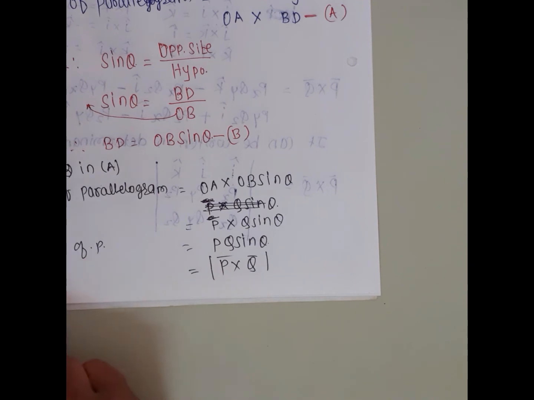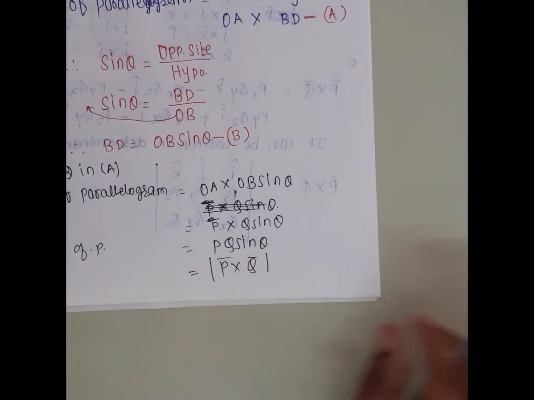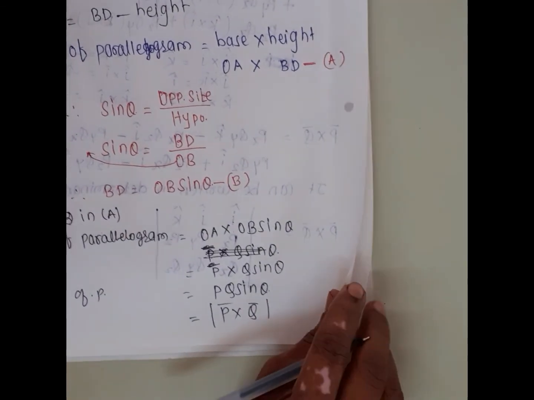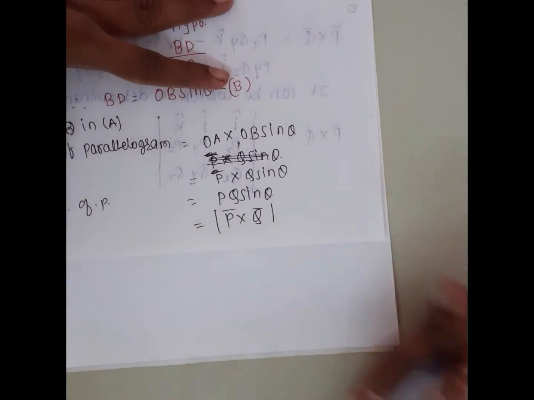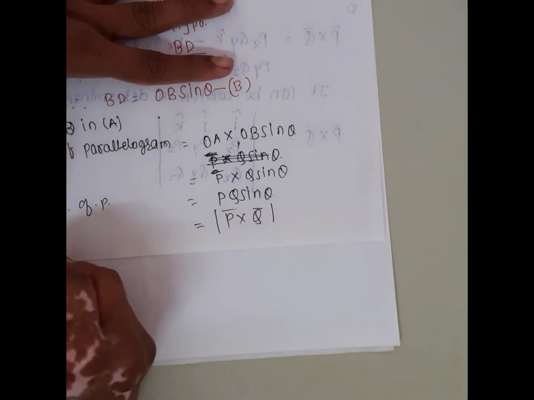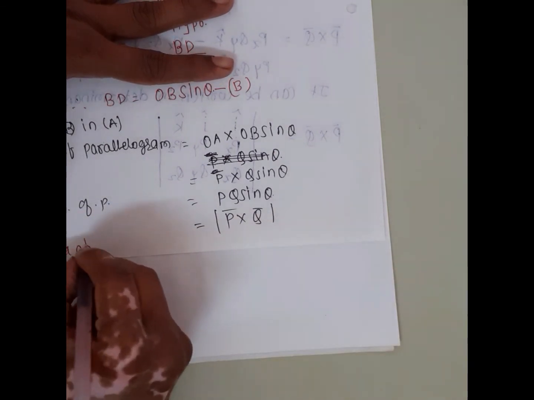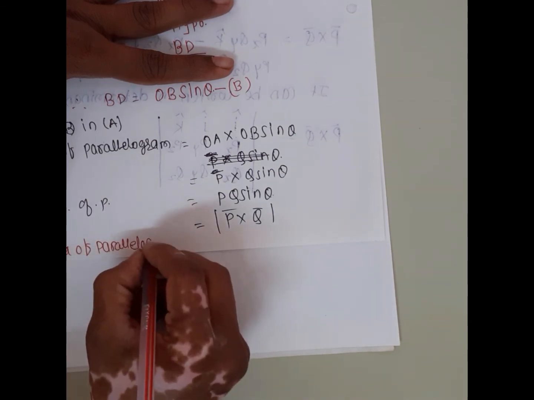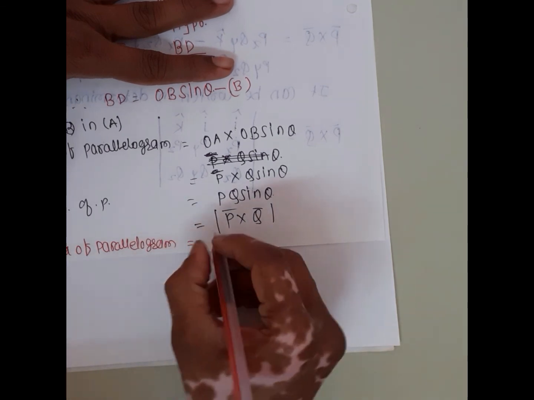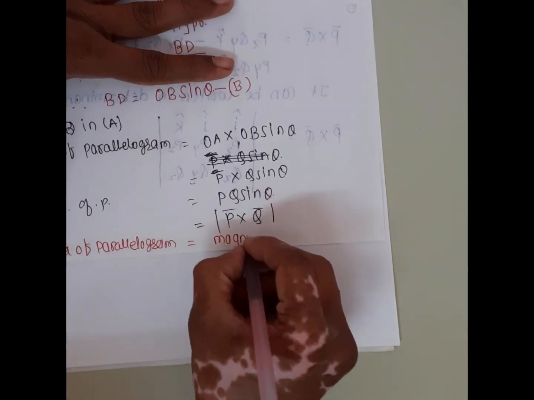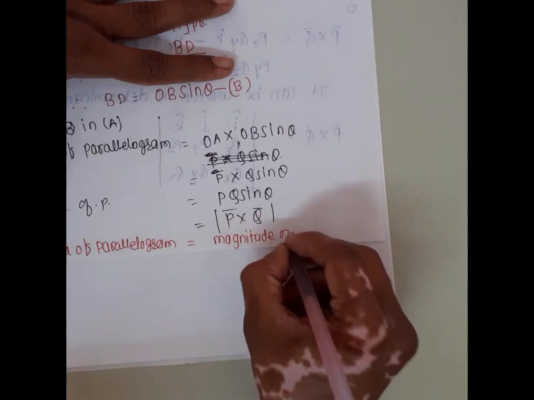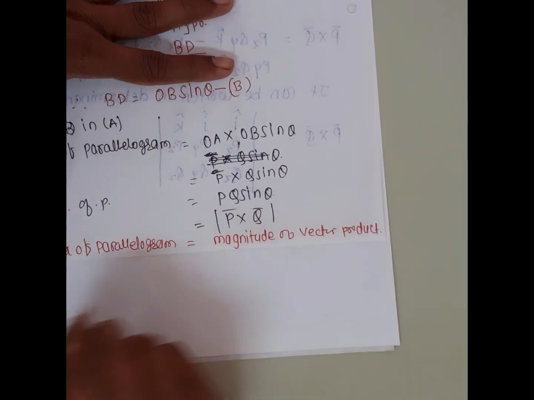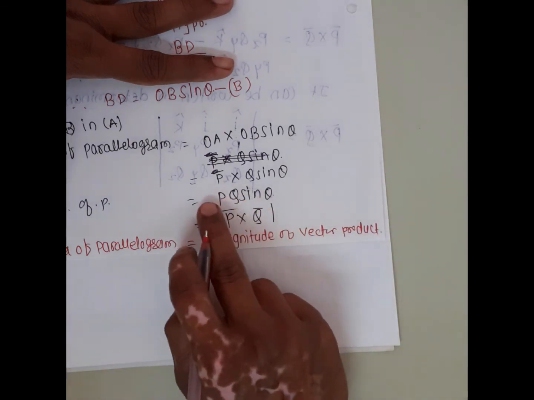So here we write: area of parallelogram is equal to the magnitude of the vector product. Why do we say the magnitude of the vector product? Because p bar cross q bar has magnitude p q sin theta.